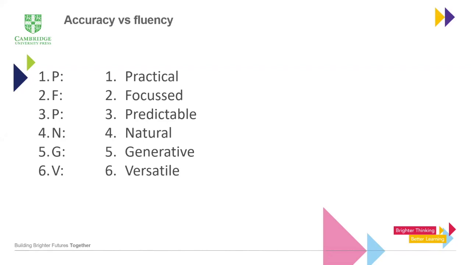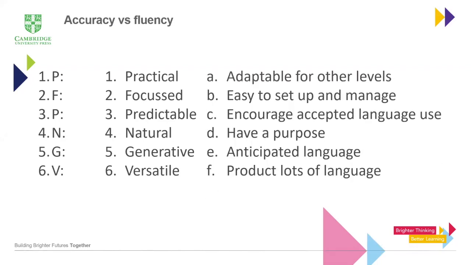Okay, here we go. So you have 60 seconds starting now. And I've just noticed a typo in F. It should be produce lots of language, not product lots of language. Apologies.